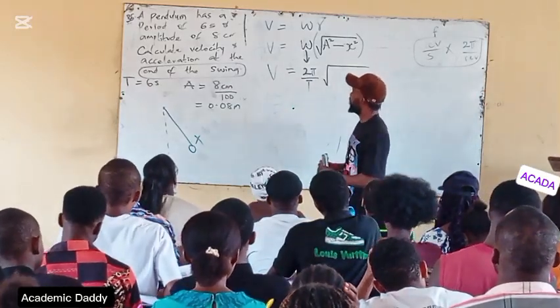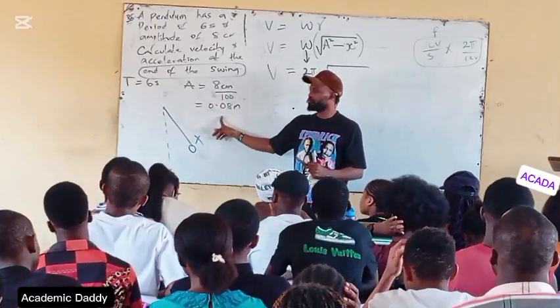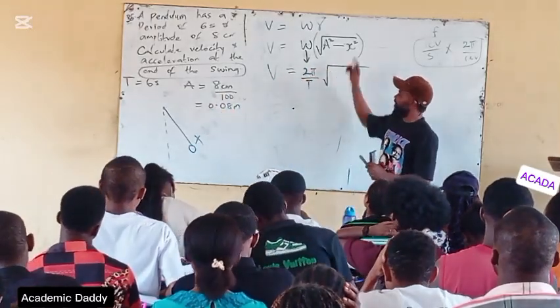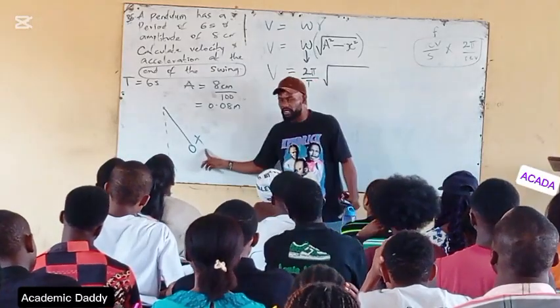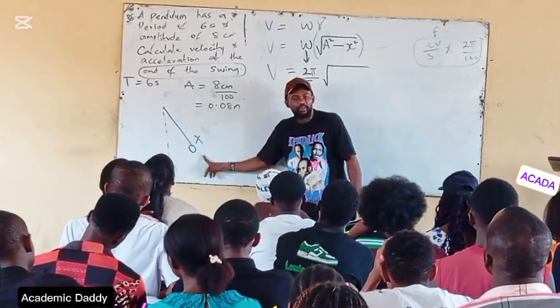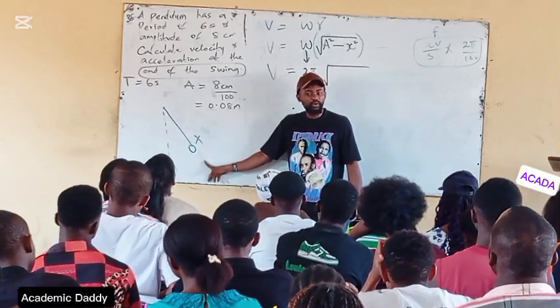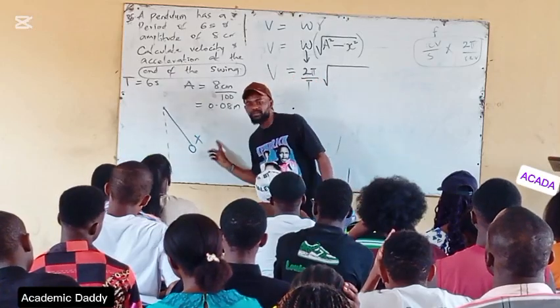Now my amplitude here at this highest point is 0.08. Is it not? Yes. Now, what is my X at this highest point? At this highest point, my displacement will be equal to the amplitude. Displacement is equal to the amplitude at the end of the highest point.